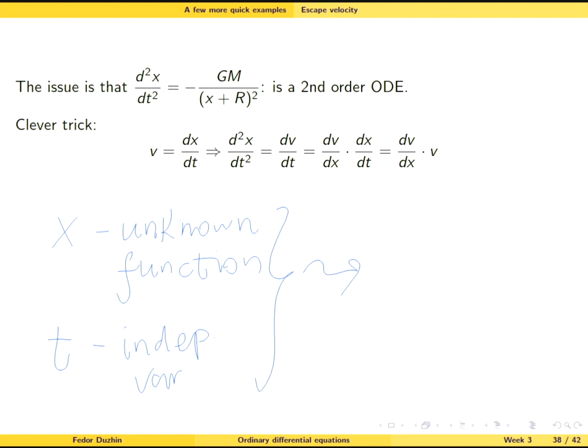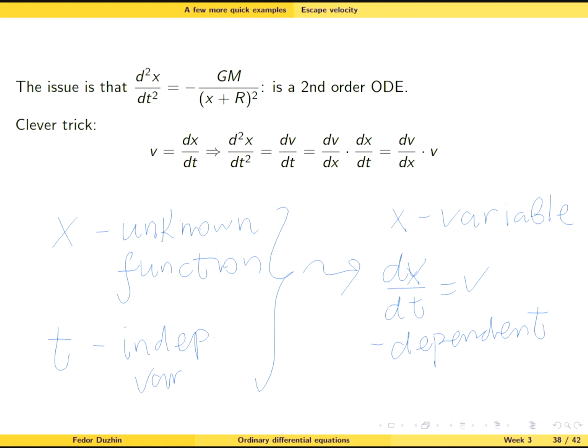We are going to translate it to another equation where x becomes the independent variable, and the speed dx dt, which is denoted as v, is going to become the dependent variable, or the unknown function.